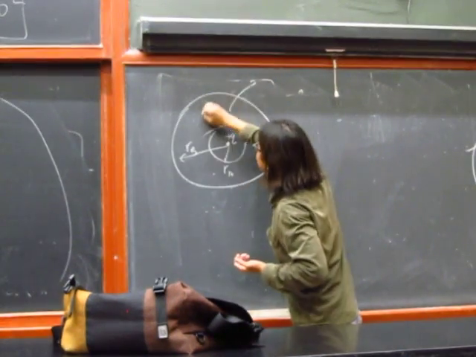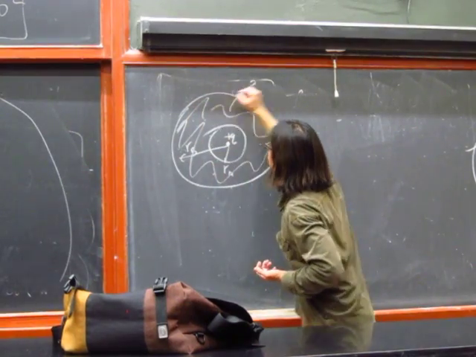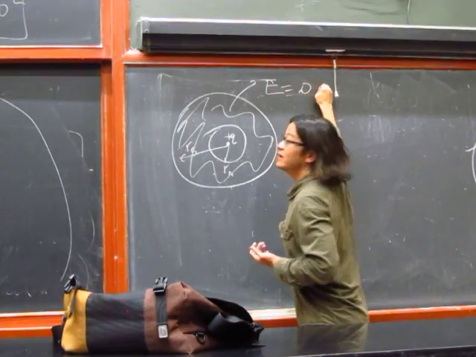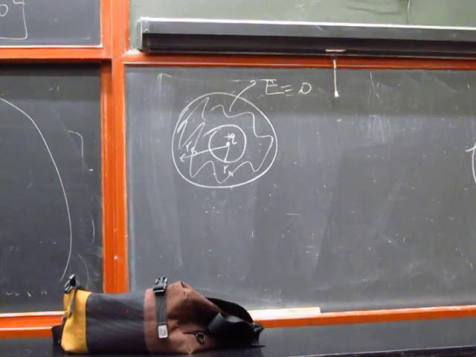E inside, in the middle of the conductor, has to be equal to zero. You know that from the definition of a conductor.